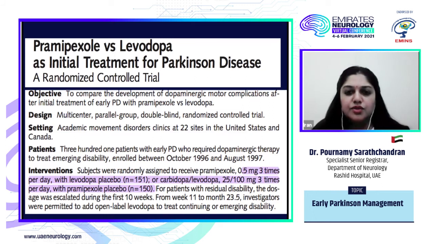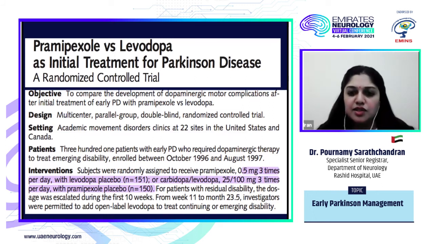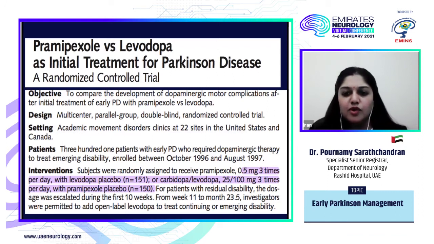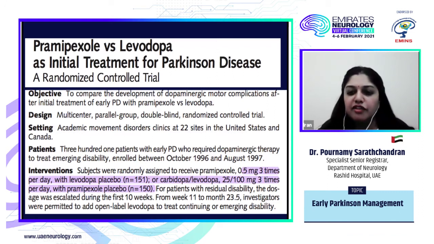In one of the trials published in JAMA 2000, they randomized early Parkinson's disease patients into two groups. One group was given pramipexole 0.5 milligram 3 times daily, and one group was given levodopa carbidopa combination 100 milligram 3 times daily.